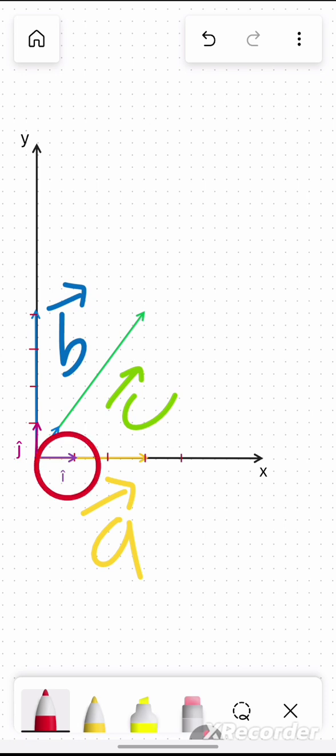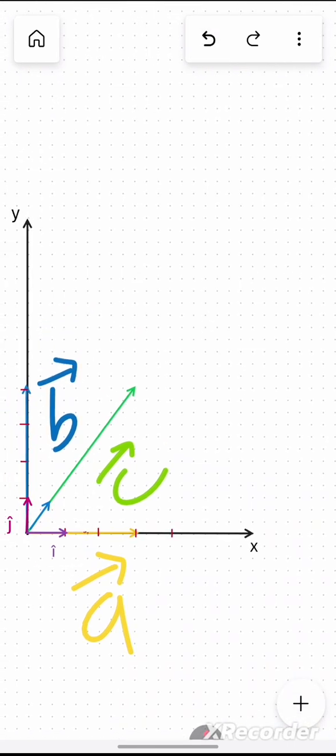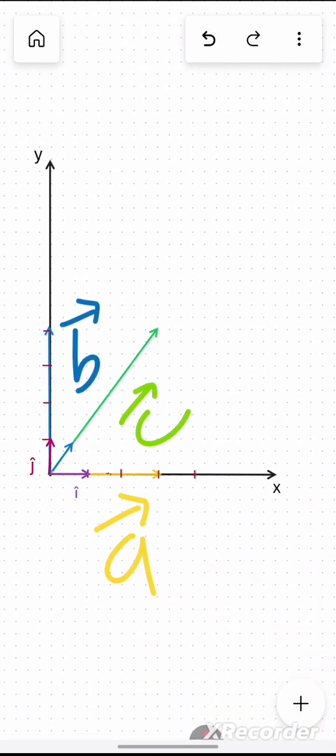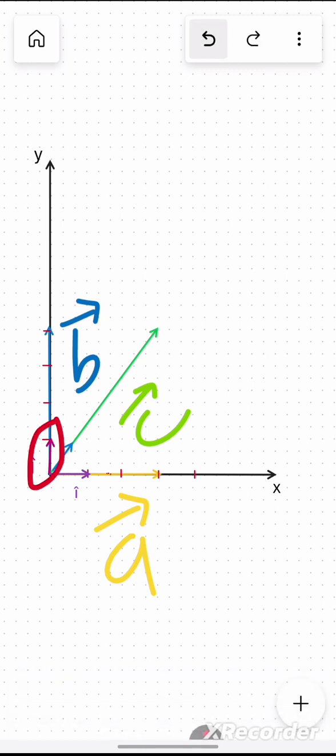It is a unit vector because it has a magnitude of 1 and is in the direction of the x-axis. Similarly, we have j cap over here. It has a magnitude of 1 and it is in the y-axis.